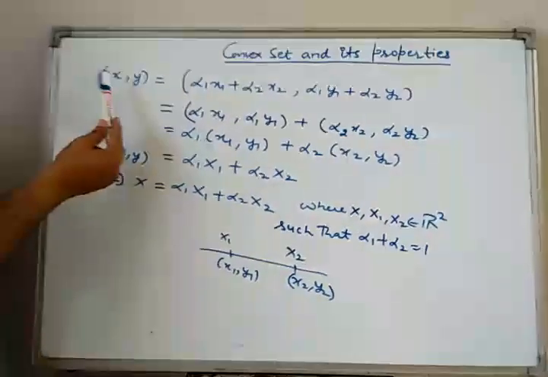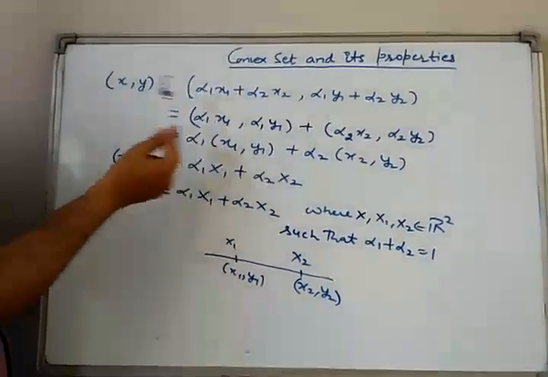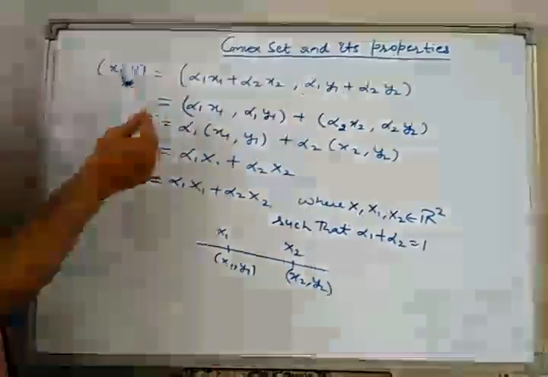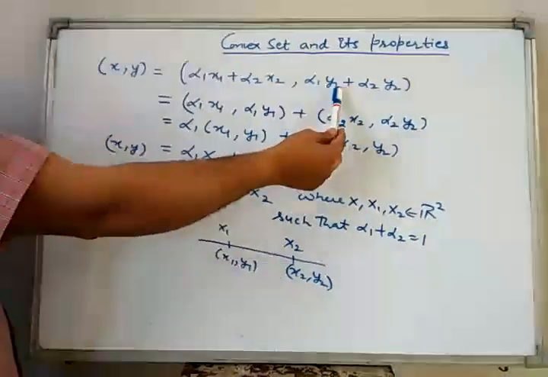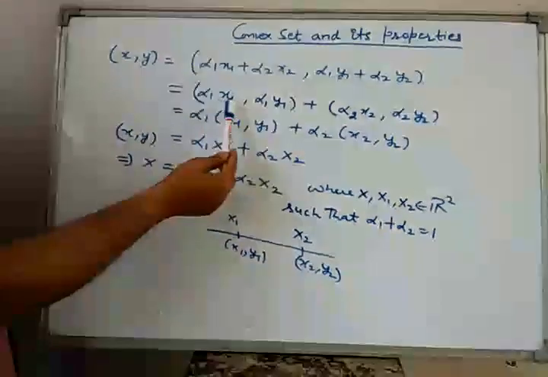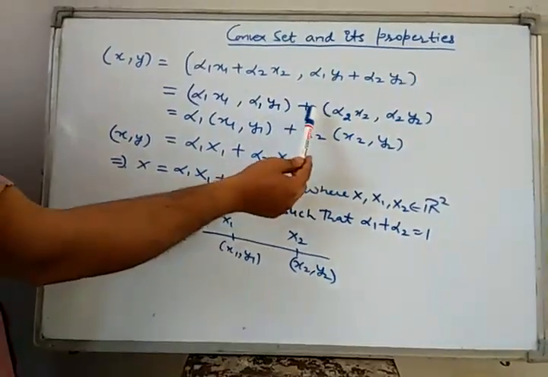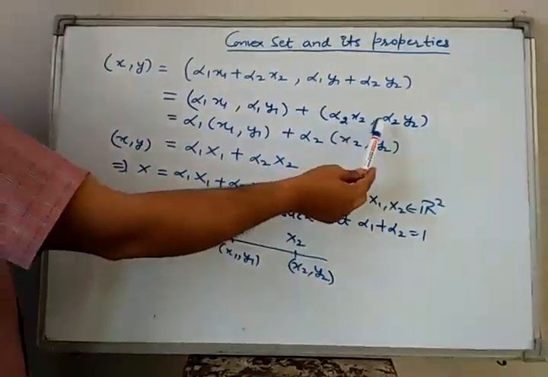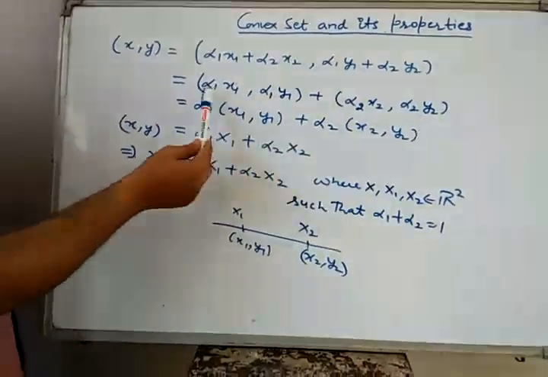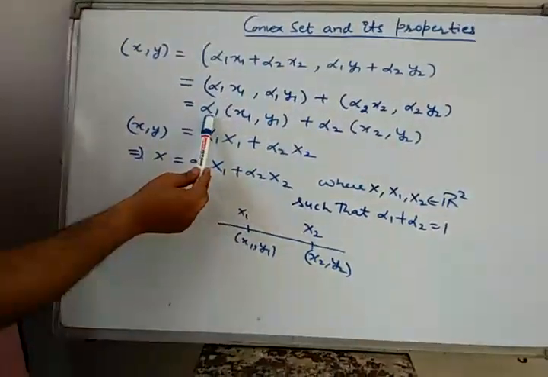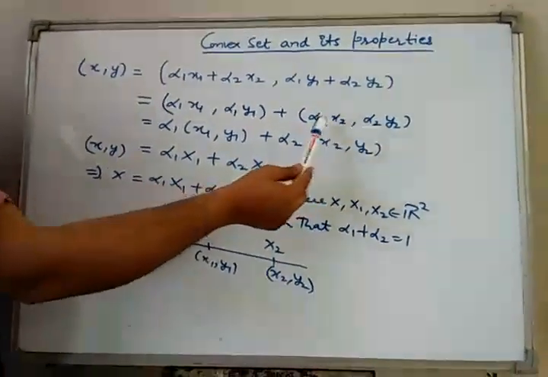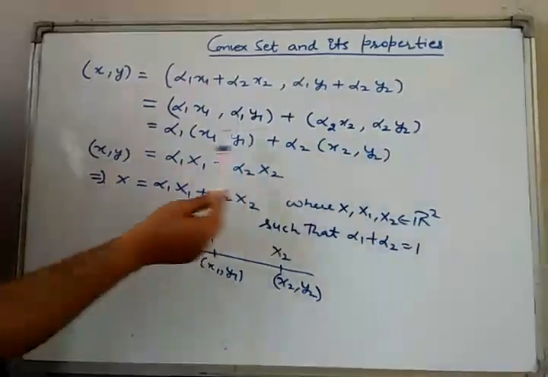We get the ordered pair (x, y) where the value of x is alpha 1 x1 plus alpha 2 x2 and the value of y is alpha 1 y1 plus alpha 2 y2. We write it as (alpha 1 x1, alpha 1 y1) added with (alpha 2 x2, alpha 2 y2). Now alpha 1 is a scalar, so we take alpha 1 common and get alpha 1 times (x1, y1); alpha 2 is also a scalar, so alpha 2 times (x2, y2).